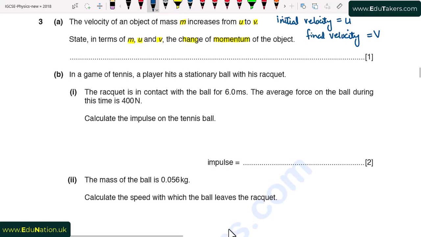So first of all, we know that momentum is the product of mass and velocity. I write here P is equal to mv, but here we have to state change of momentum. So delta P will be equal to mv2 minus mv1. Change in momentum means final momentum minus initial momentum.